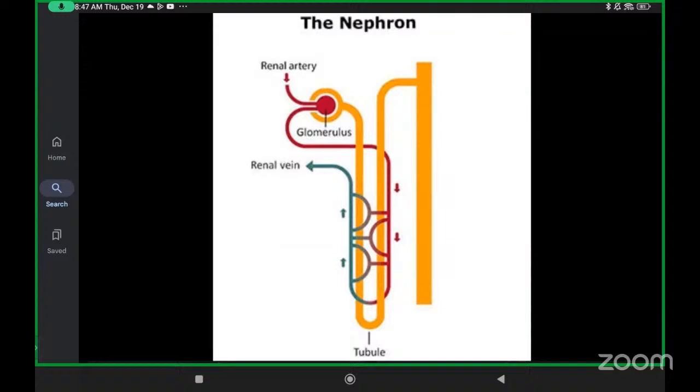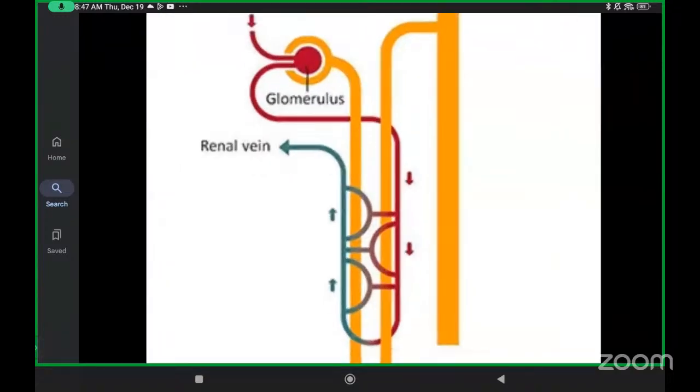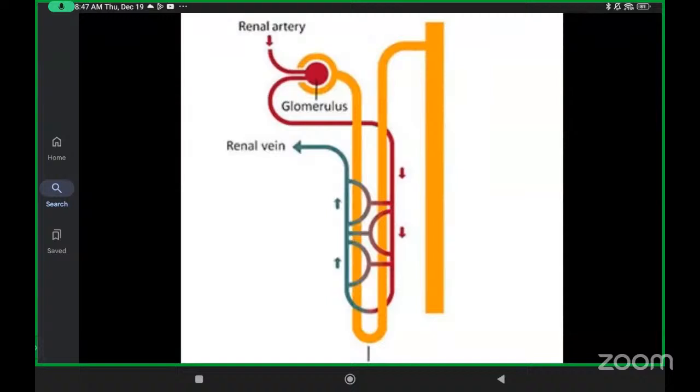On average, the kidney filters about 190 liters of blood every day. Then the filtered blood exits the kidney through the renal vein. Can you see the green vein? The renal vein returns to the heart. All right.